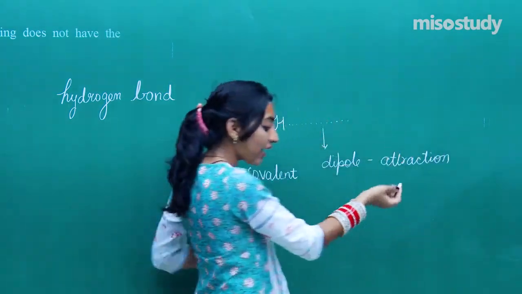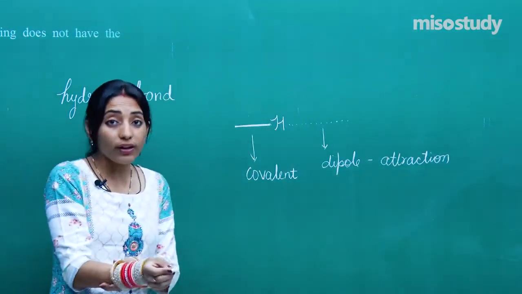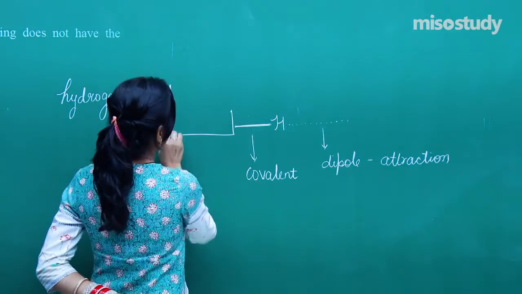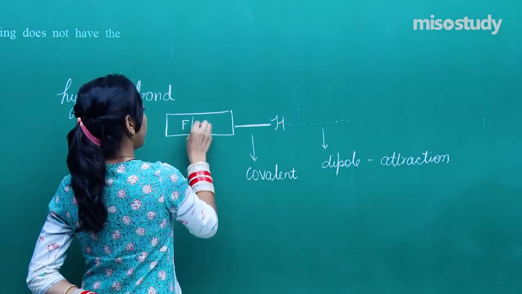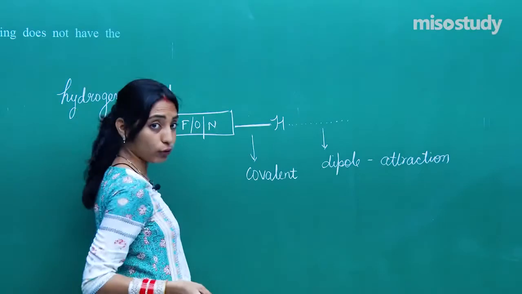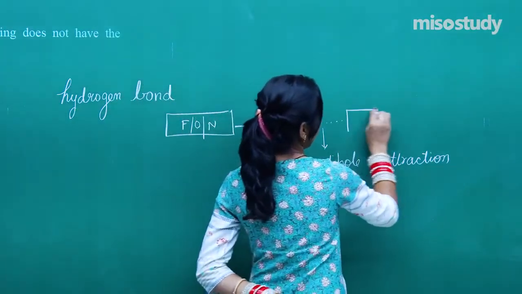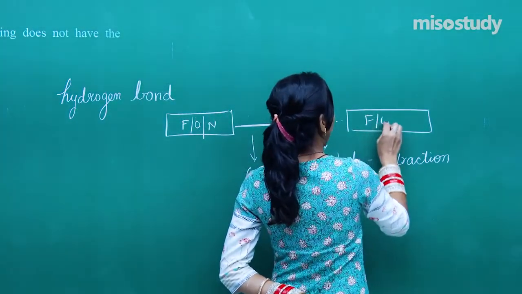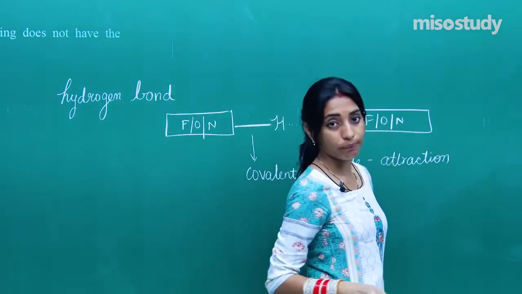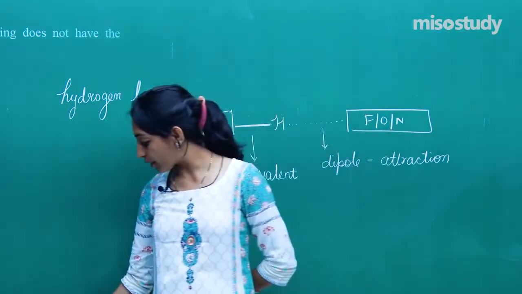And the side atoms which have to be bonded with hydrogen, they can be either fluorine, oxygen or nitrogen. Here also they have to be small and highly electronegative. Right? Let's try to figure out all the options.